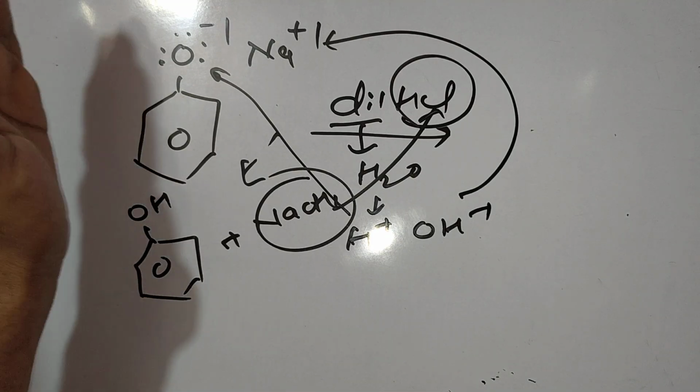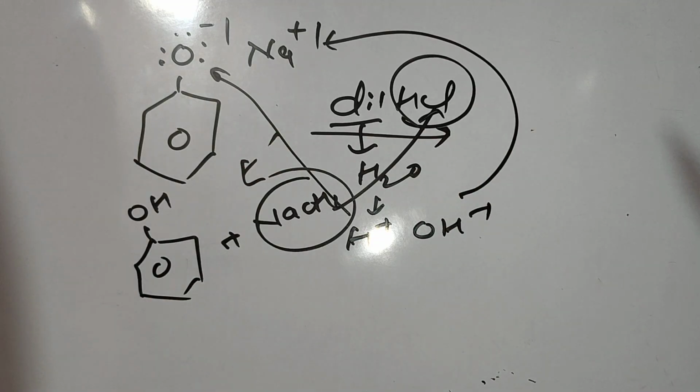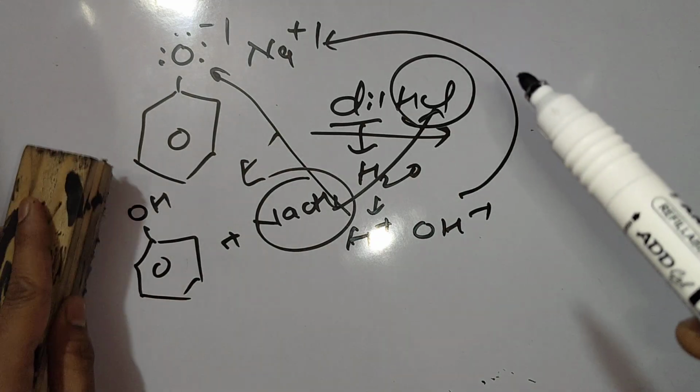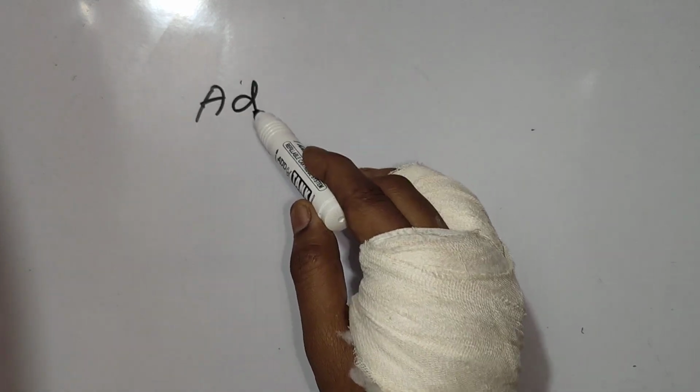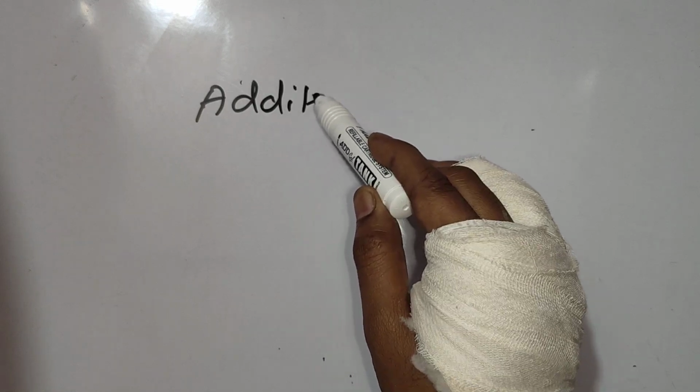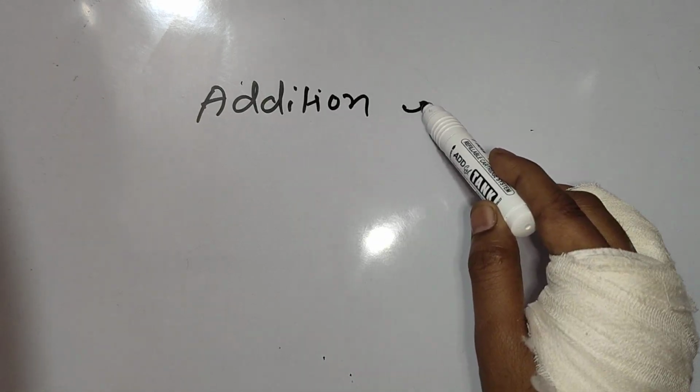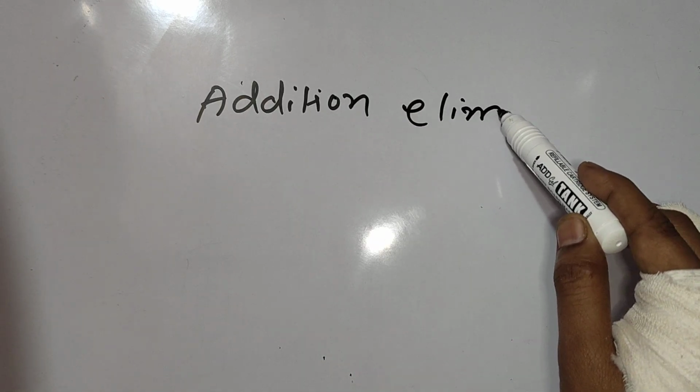So this was the mechanism of this whole reaction step by step. One more point, it was skipped from my mind. In the third mechanism, the one you have done, conversion of sodium benzene sulfonate to sodium phenoxide, it is also known as addition elimination mechanism.